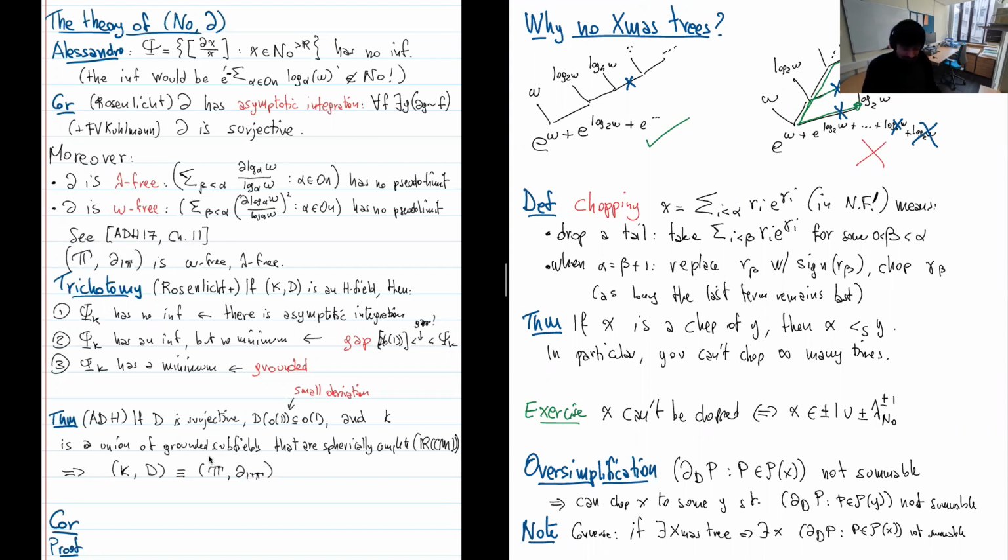And maybe I want to make this comment here. Why is the derivative surjective on the entire field, but not on these grounded subfields? What's going on is that each grounded subfield has the property that psi has a minimum. But if you remember what Alessandro was saying last time, most elements of the subfield have an asymptotic integral in the field. There's only one monomial, actually one Archimedean class, one valuational class, that doesn't have asymptotic integrals.